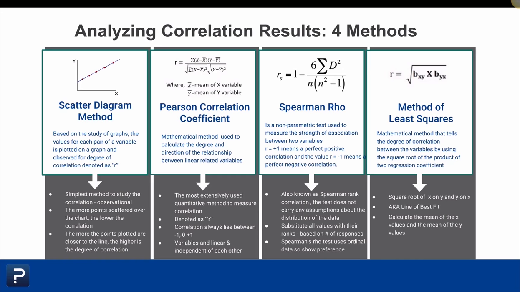Again, R is the relationship or correlation result, that is the output, and the correlation is always between -1, 0, and +1. And the variables are independent of each other. So it will show you whether the strength is strong or weak, regardless of which variables you put together within the research.